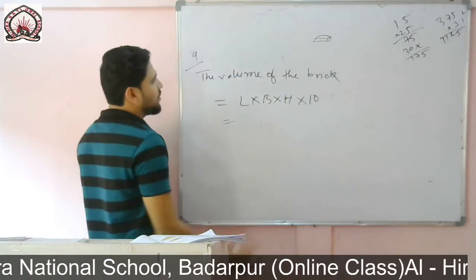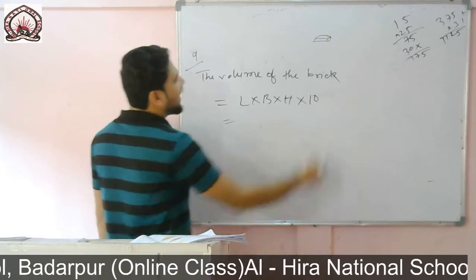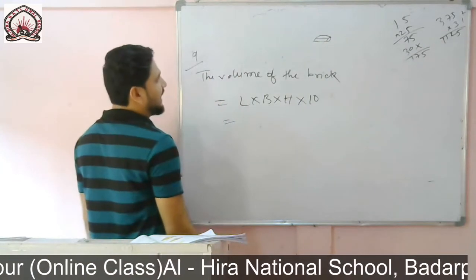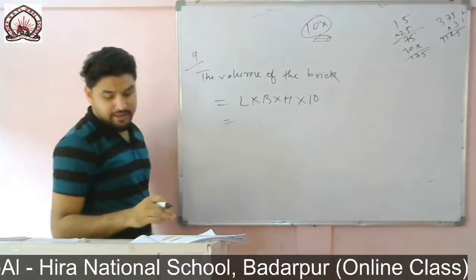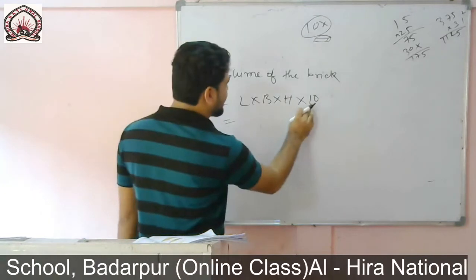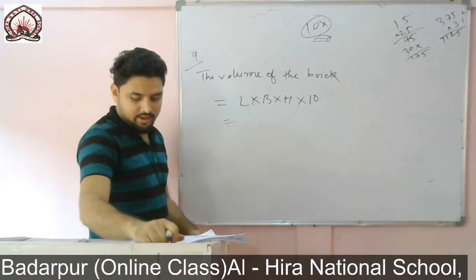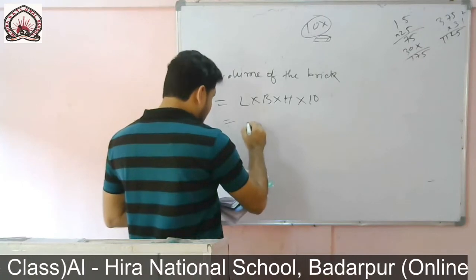So first we will find what? First we will find the volume of one tablet. Then after that we will multiply by 10 because it has been made into 10 cuboidal tablets. So for that reason we have to multiply by 10.